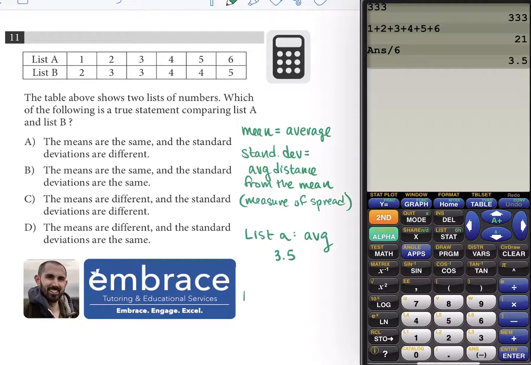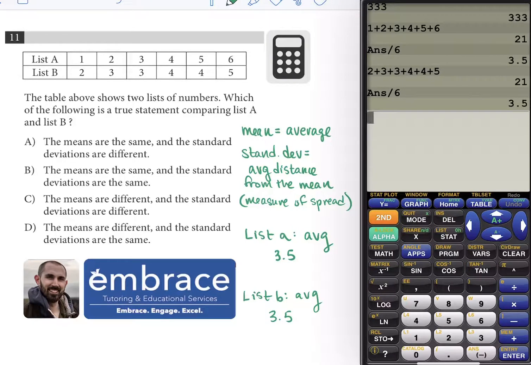Okay, so I'm going to do the same for list B. Our average: 2 plus 3 plus 3 plus 4 plus 4 plus 5. We also get 3.5.